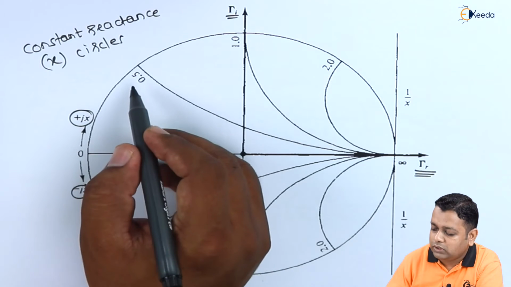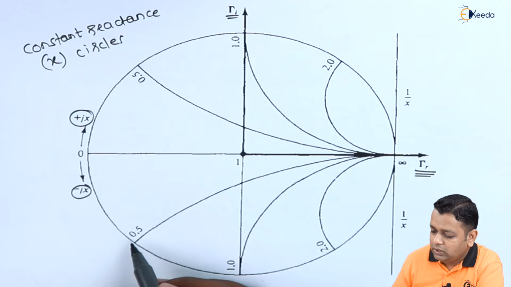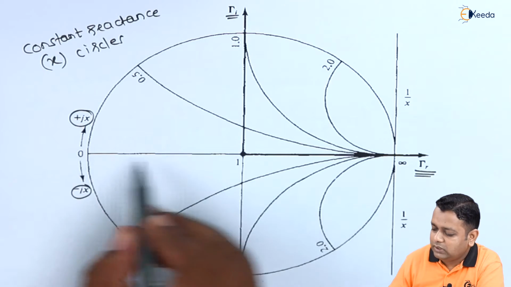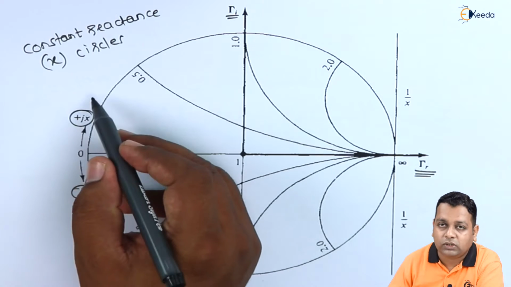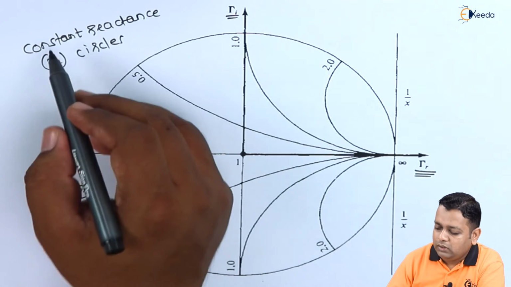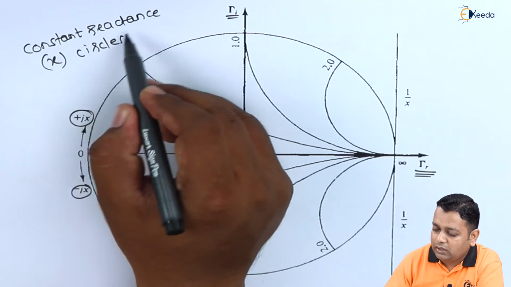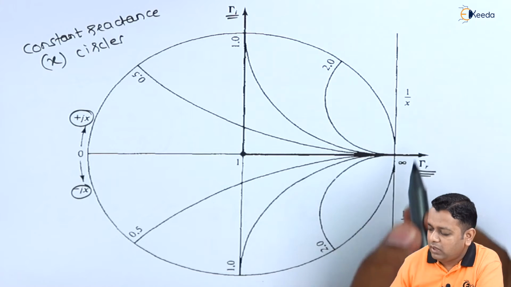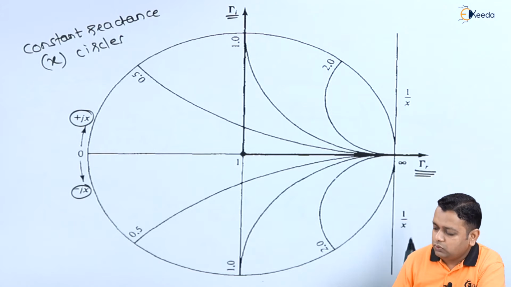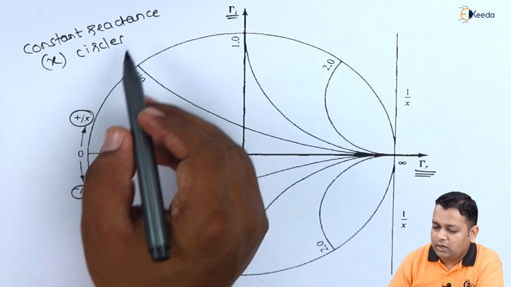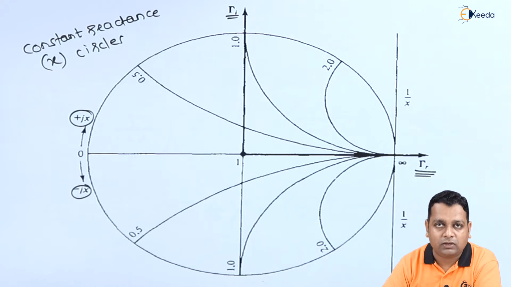Here we have the positive 0.5, here we have the negative 0.5, and this is the zero line that separates the positive and negative portions of the imaginary part representing the constant reactance circles. So here we have represented 1 by x to show the corresponding measures of radius for the constant reactance circles in this schematic diagram.